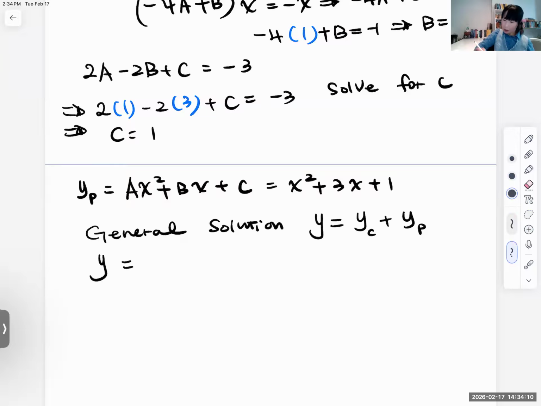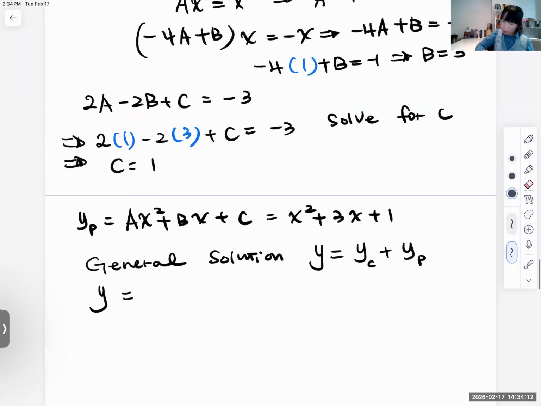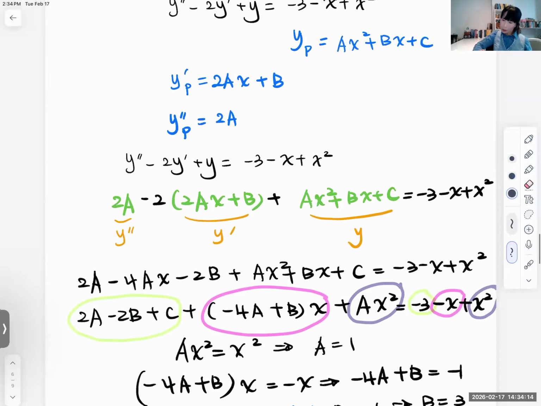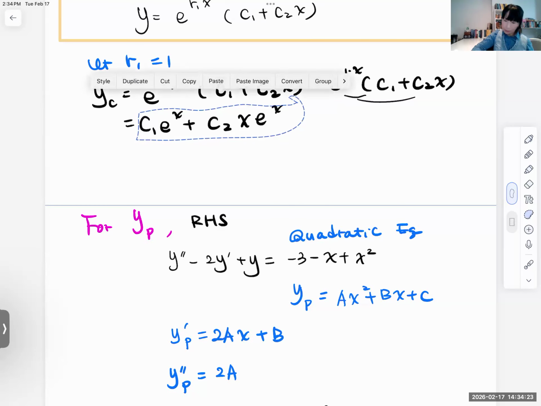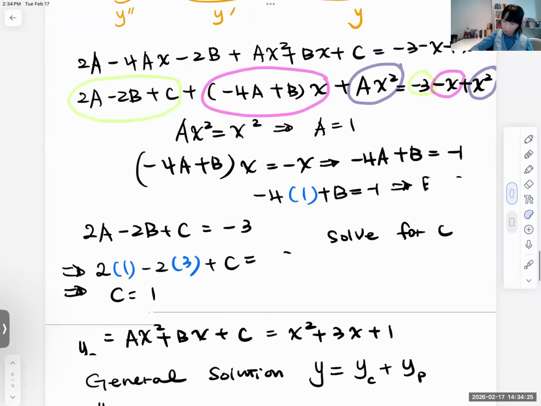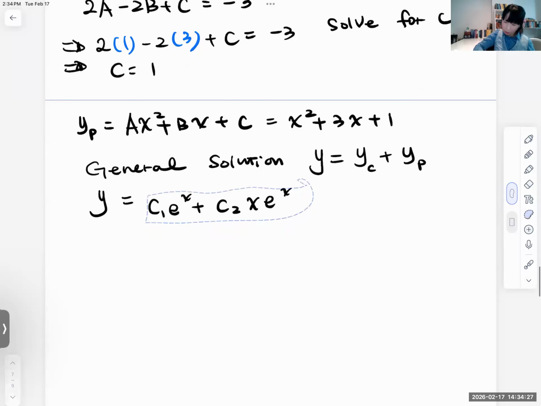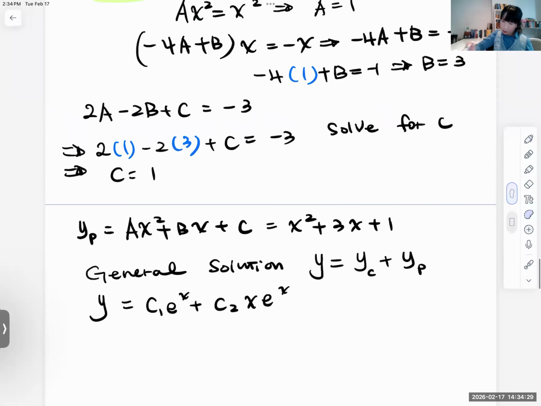The complementary solution will be this one. Copy. And the particular solution will be x squared plus 3x plus 1.